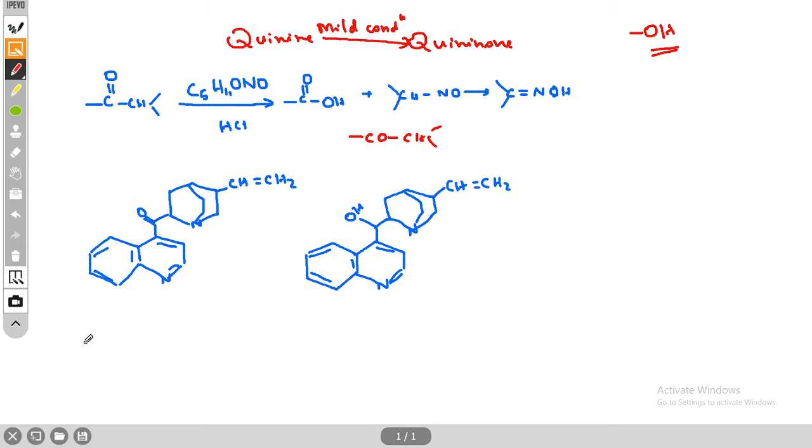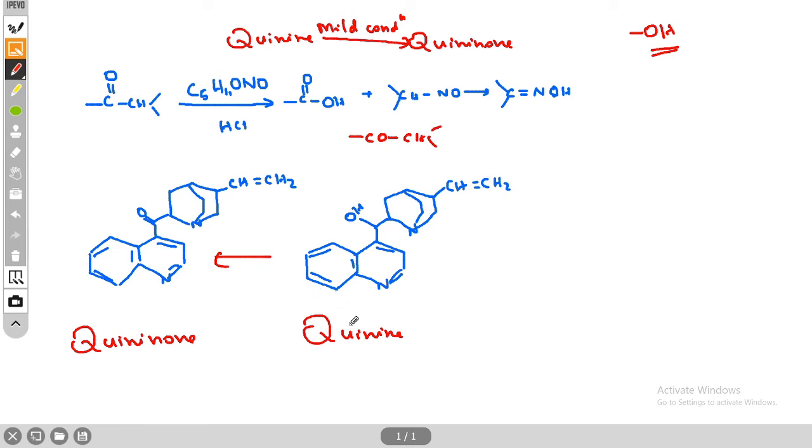This is the structure of quininone. Then this CH group corresponds to this group. This is the oxidation product of quinine. This is the actual structure of quinine.